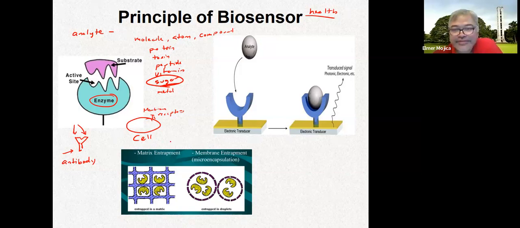And then you can use a polymer hydrogel, you could do binding. Okay? So how are we going to do this? Because the next thing that we're going to do is, how do you know when there's a detection? Yes, nag-bind yung analyte mo sa protein. Nag-bind yung analyte mo sa enzyme. So how do we know?